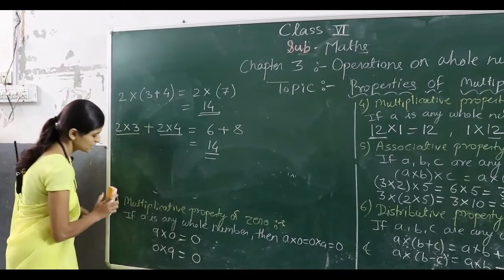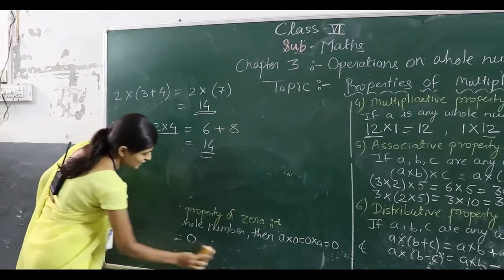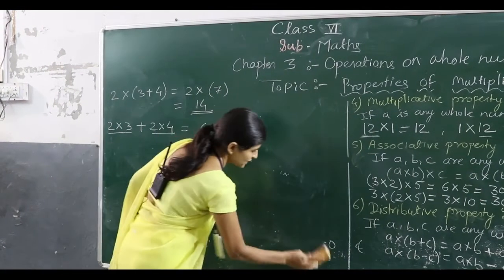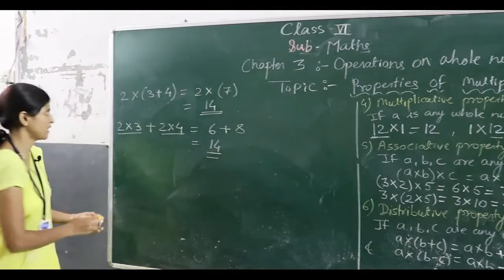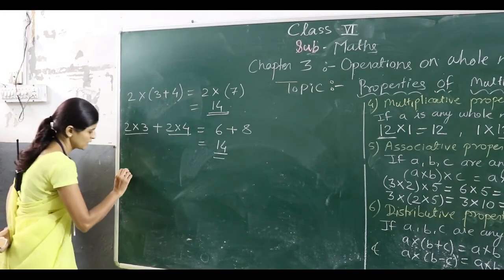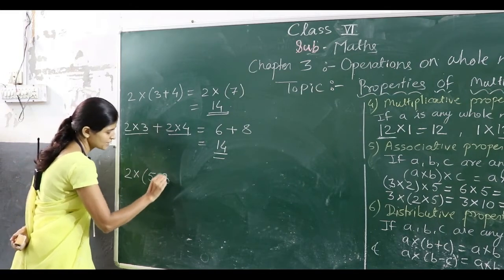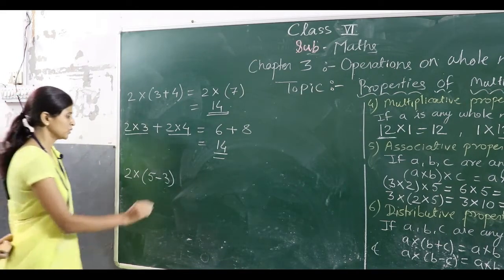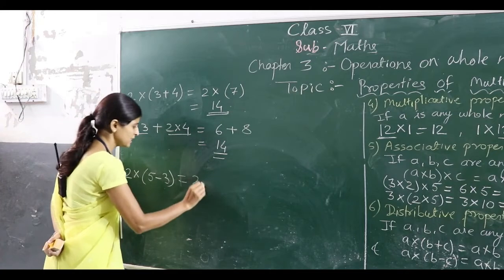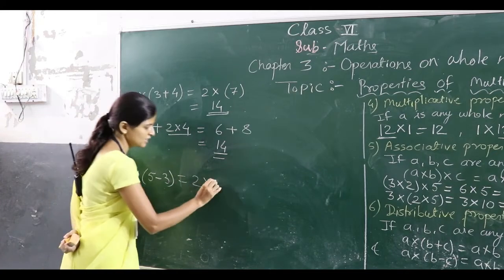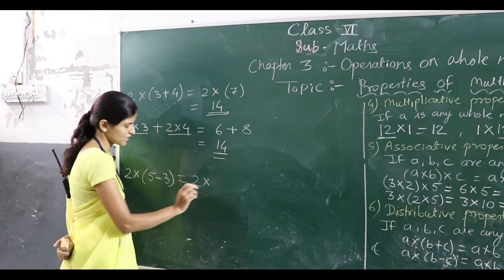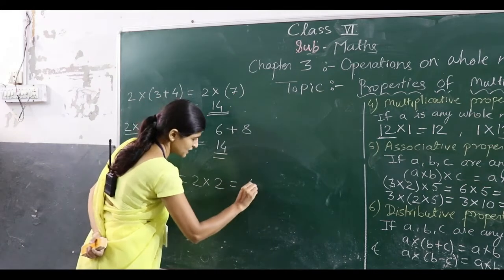Now we see the distributive property over subtraction. One example of subtraction. Suppose A equal to 2, (5 minus 3). So what answer do we get? 2 as it is. First we solve the bracket, 5 minus 3 is 2. We get the answer 4.